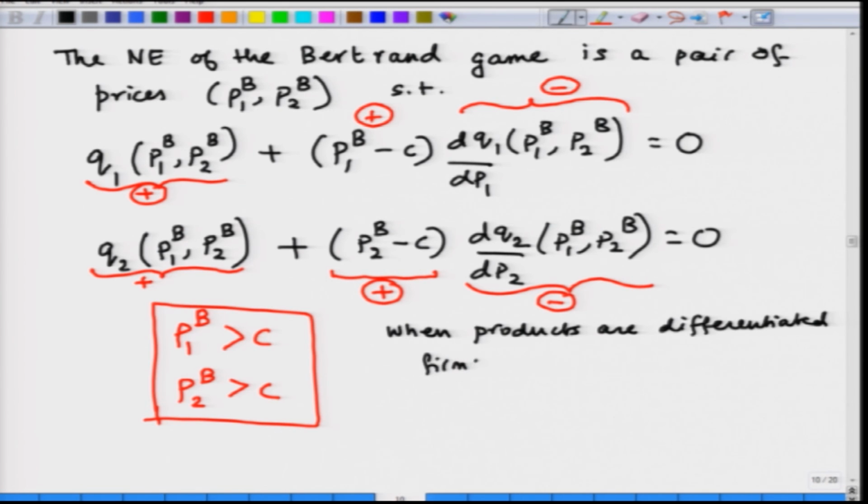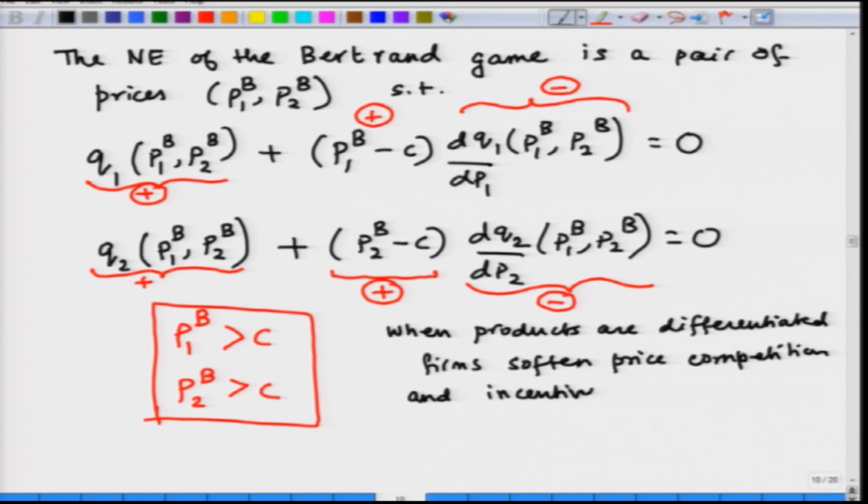firms soften price competition and charge higher prices. The incentive to undercut, which was very strong in the baseline Bertrand model, is a lot lower, right, because the price competition is a lot softened.